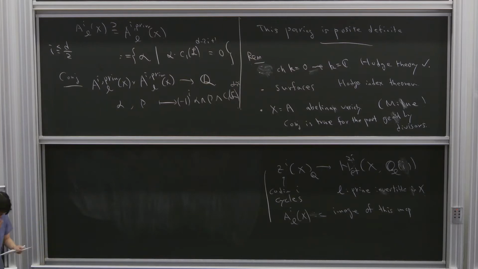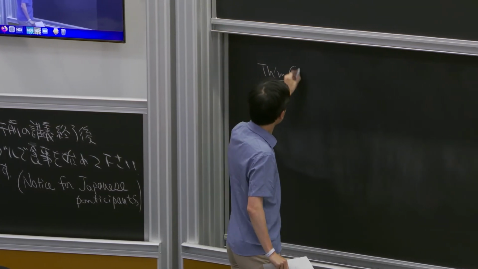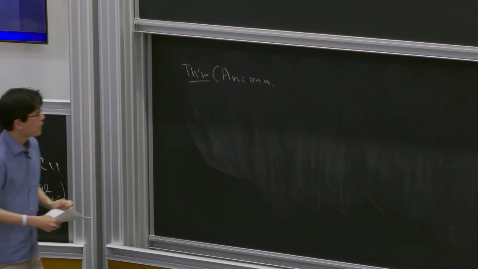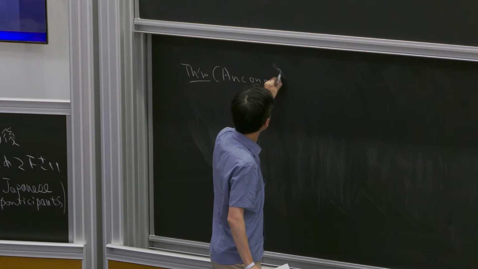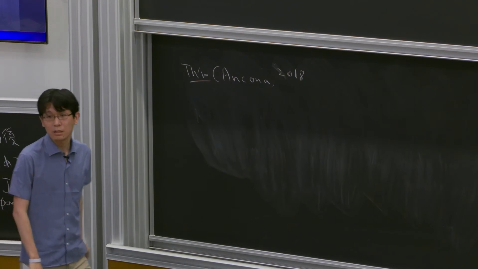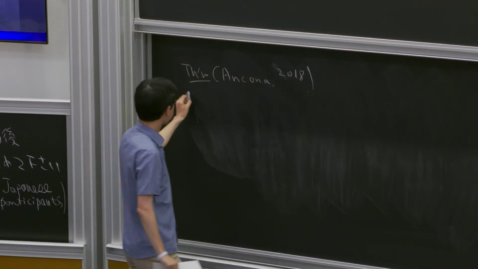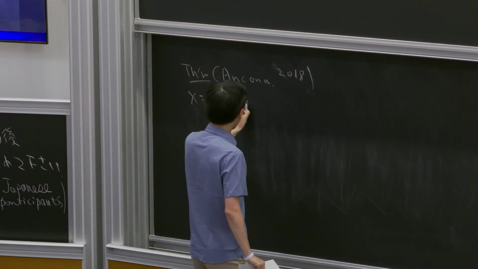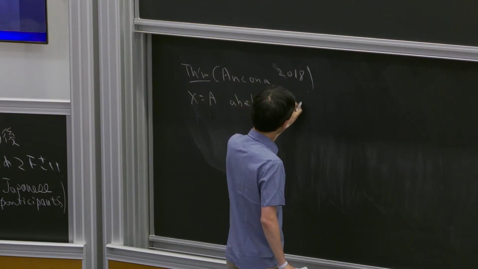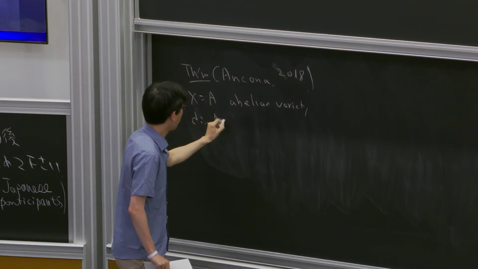And there is one recent result I'd like to mention. This is a result of Ancona, and I guess this was announced in 2018, and published last year. So this says, X is an abelian variety, and the dimension is 4.